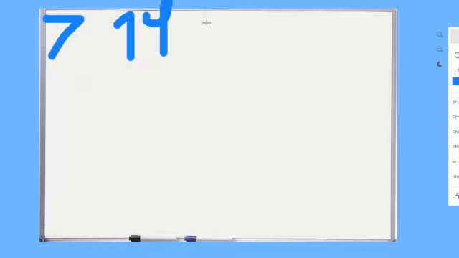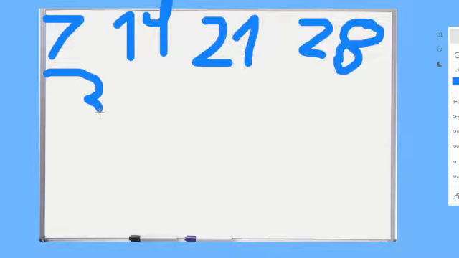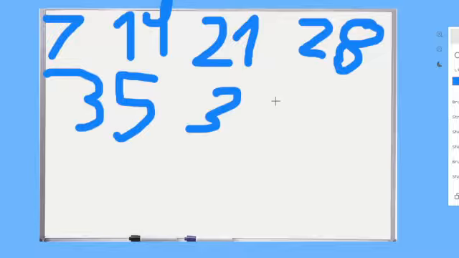You have 7, 14, 21, let's see, 28, 35, and then we have 39.